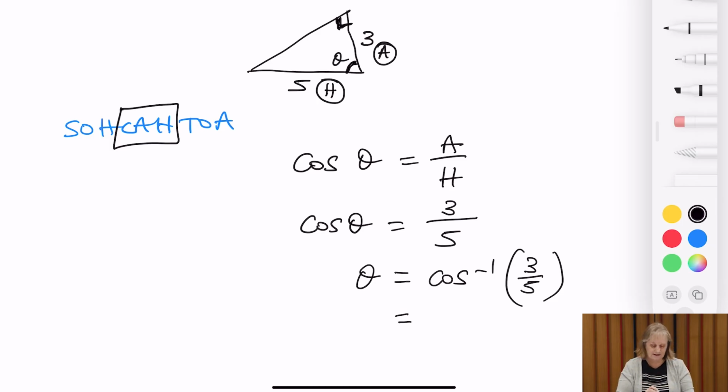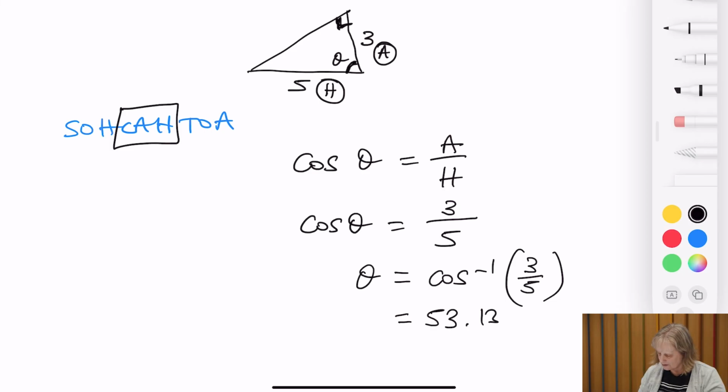Okay, so again, this takes a little bit of practice on your particular calculator. So how I would put this in my calculator is I would do 3 divided by 5 equals 0.6. I'm then going to use the second function, or the shift function, of cos, because that gives me the inverse cos of 0.6 now, equals, and then it's going to give me this value on the calculator, and so on, for theta.